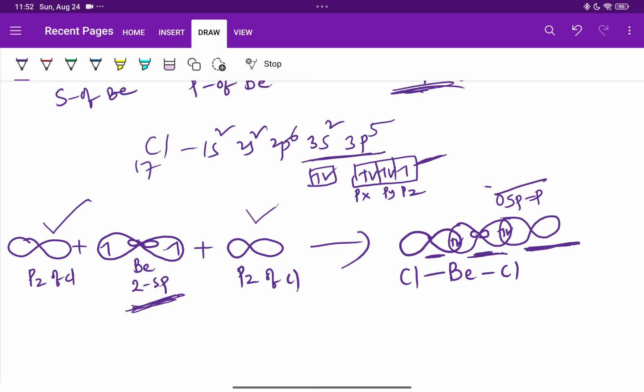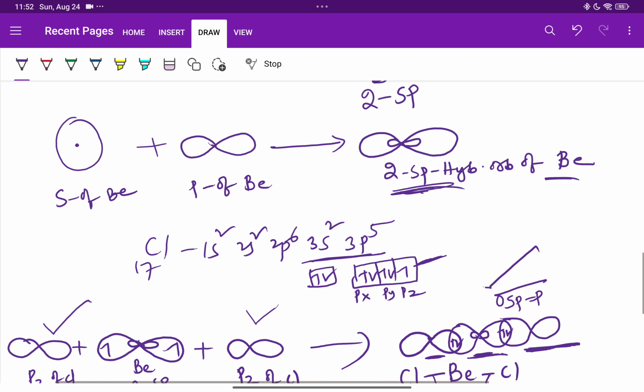That is why the overlapping is sigma spp. So here the bond angle is 180 degrees and the shape is linear. Then how many sigma bonds are there? 2 sigma bonds are there. Very important.